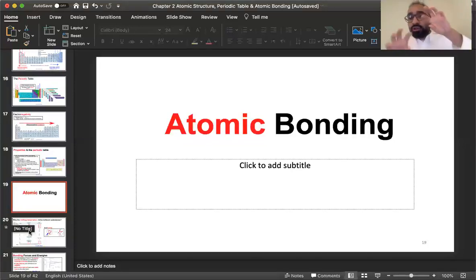If we are talking about the bonding between the molecules, we call it intermolecular, I-N-T-E-R. So here we're talking about the intramolecular bonding, inside the molecule. This is very important to pay attention to as we go further.